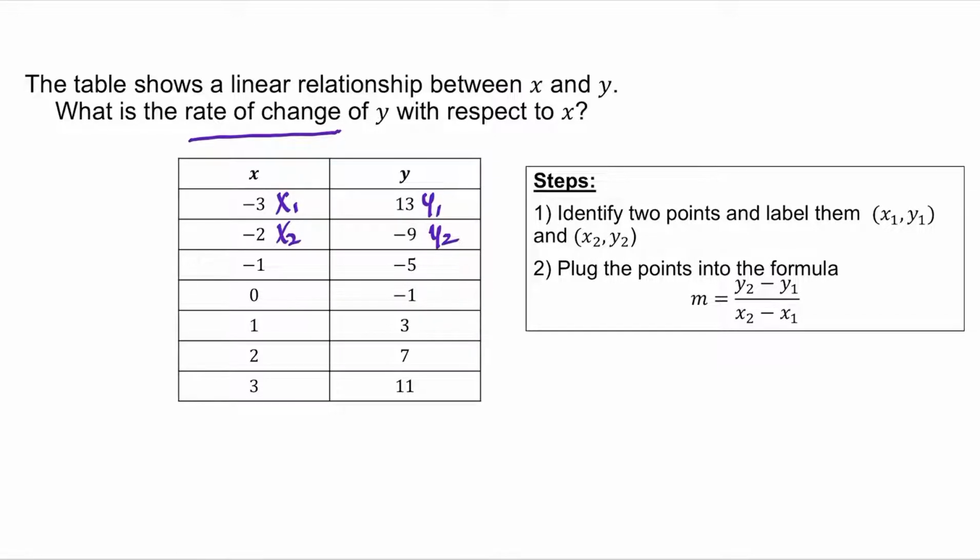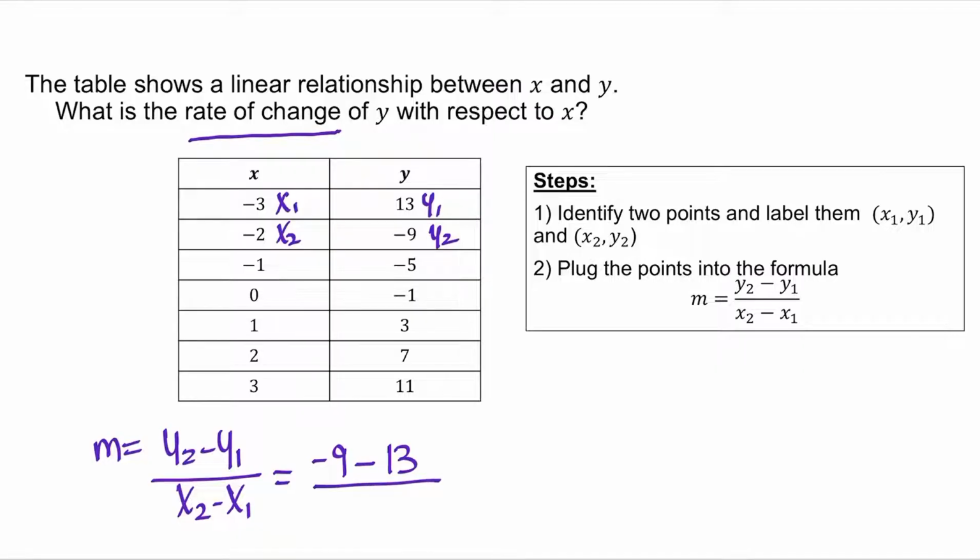So now let's plug into the formula. We have m equals y2 minus y1 divided by x2 minus x1. Let's plug in the values that we have labeled. So we have y2 is -9 minus y1, which is 13, divided by x2, which is -2, minus x1, which is -3.